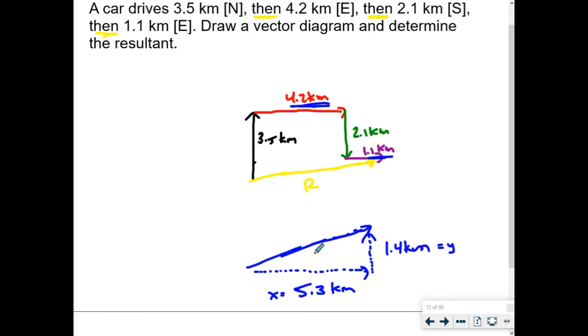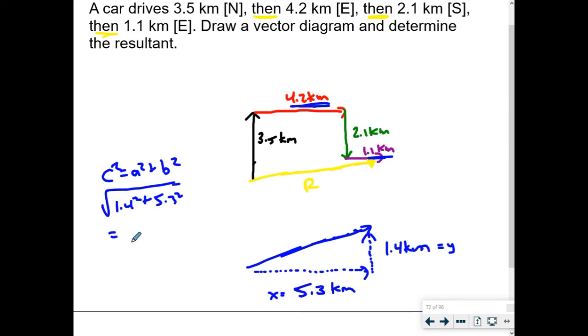Well, then to find my hypotenuse is the exact same thing I've just done in the previous example. It's c squared equals a squared plus b squared, which means we need to square root 1.4 squared and 5.3 squared.